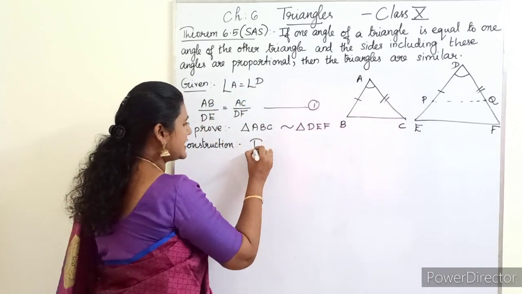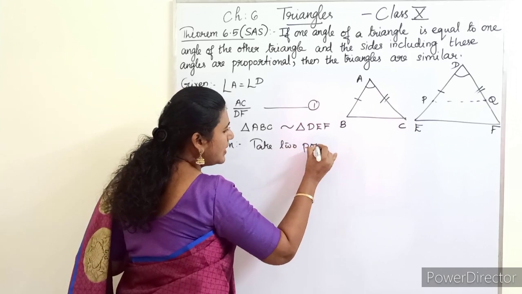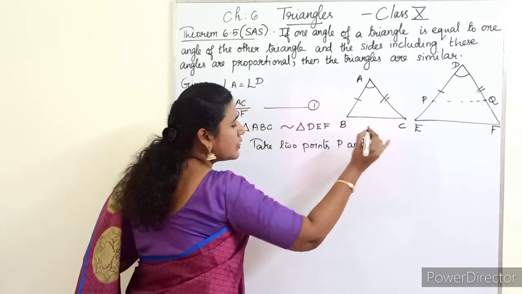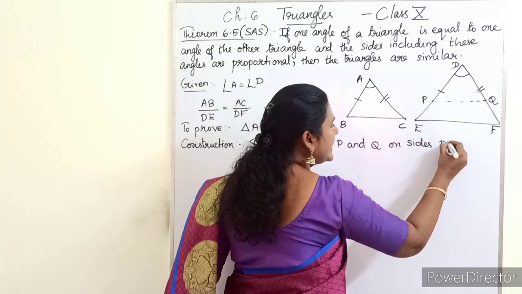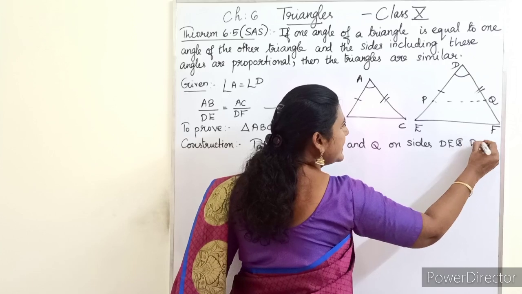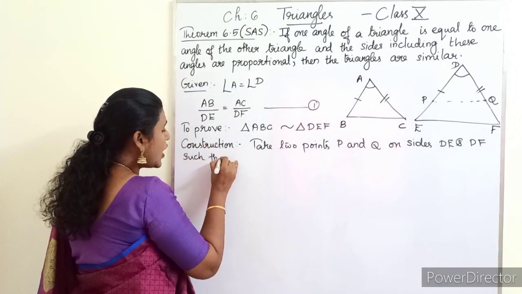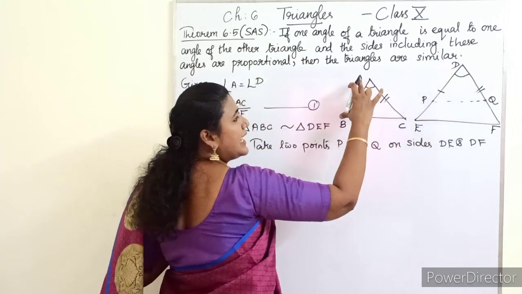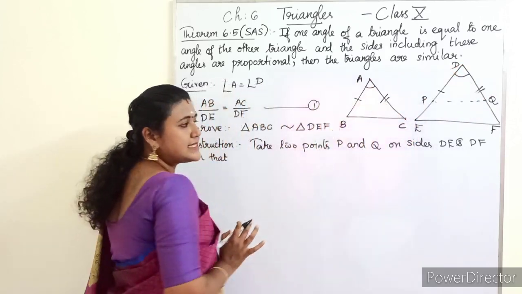So the construction is, take two points P and Q on sides DE and DF such that, so how to choose these two points? The length DP and AB should be equal and DQ and AC are equal.